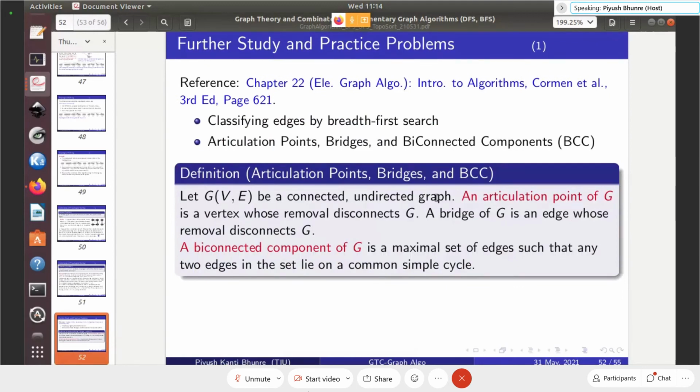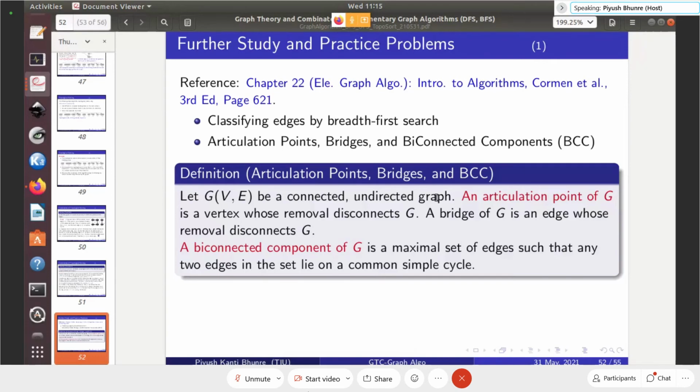There are some other characteristics of the graph that we can compute by using DFS traversal. Also with BFS traversal that we have seen, we can classify the edges using depth first search as well. But especially for DFS, we can also extract properties like articulation points, bridges and biconnected components.